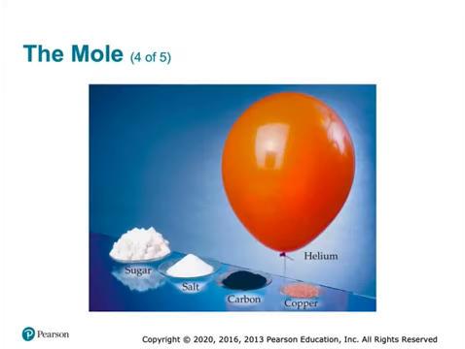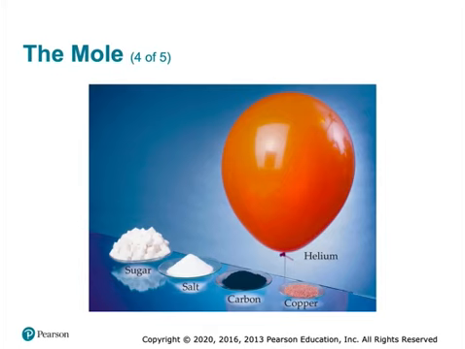And here are some examples of a mole of things. Sugar there, that's 342 grams as a mole of that. Salt, that's 58 grams. Carbon, that's 12 grams. Copper, I think that's 65. I don't have a periodic table in front of me. It's about 65 grams. And then helium, assuming it's at 0 degrees, that's 22.4 liters.